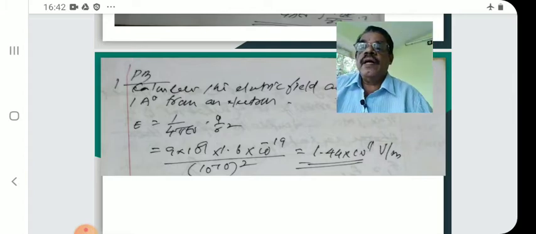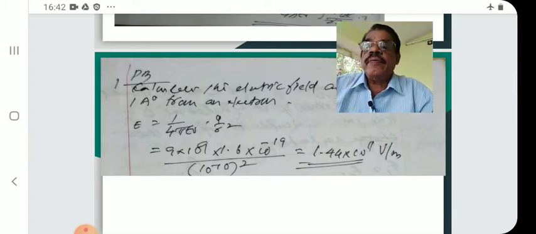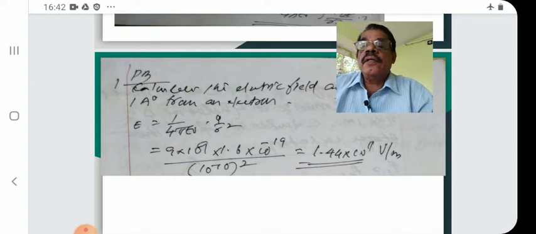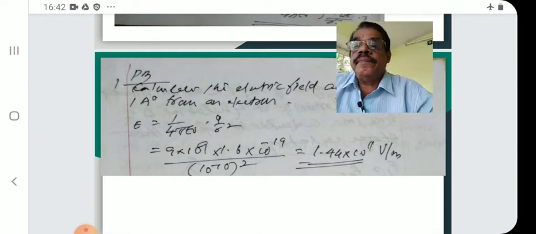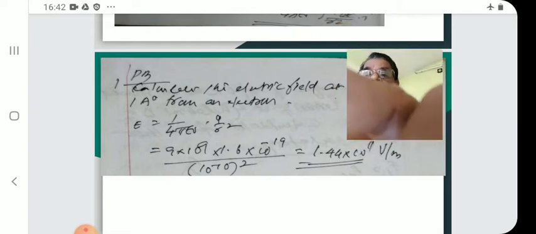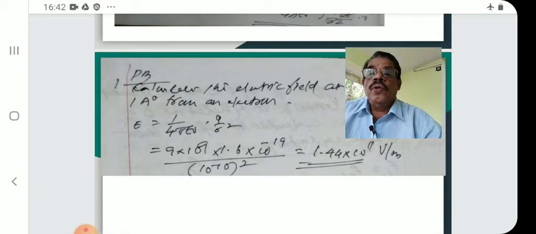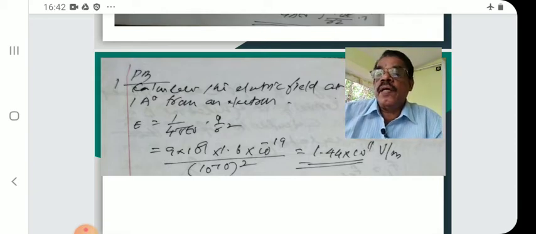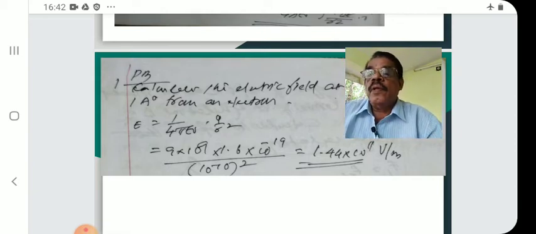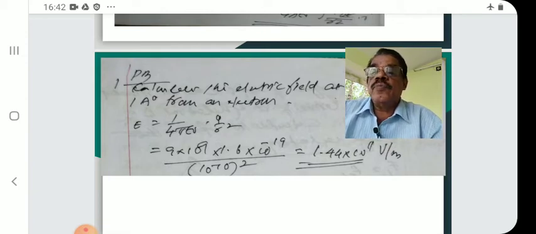Find the field at a distance 1 angstrom from the given charge, electron. So you know the field equation is E is equal to 1 by 4 pi epsilon 0 q by r square. You know 1 by 4 pi epsilon 0 is 9 into 10 raised to 9. Electronic charge is 1.6 into 10 raised to minus 19.